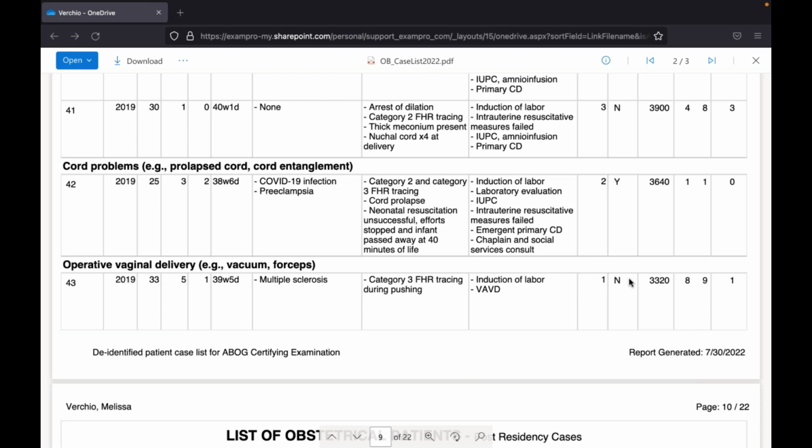So with this patient's intrauterine resuscitation, an IUPC and a fetal scalp electrode were placed to better assess her contractions, as well as the initial variable decelerations, which were noted on the tracing. Her Pitocin was stopped, an IV fluid bolus was run, the patient was repositioned multiple times.